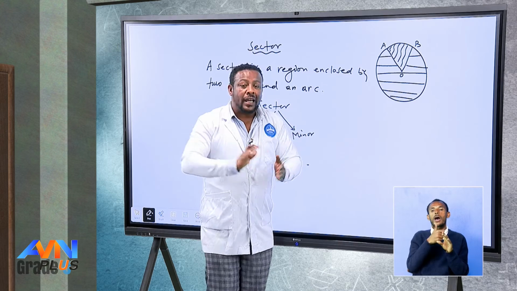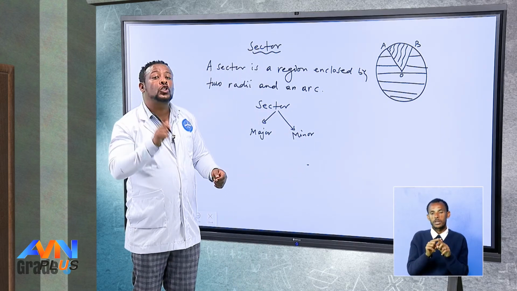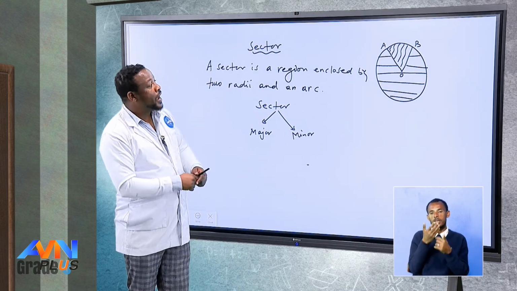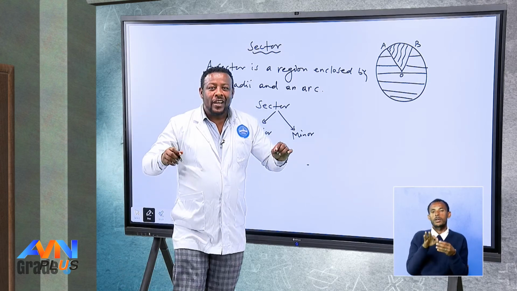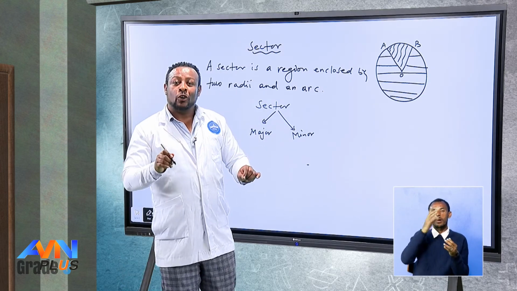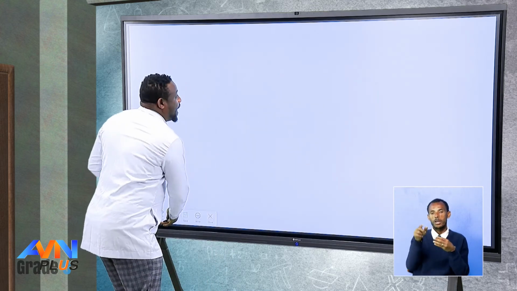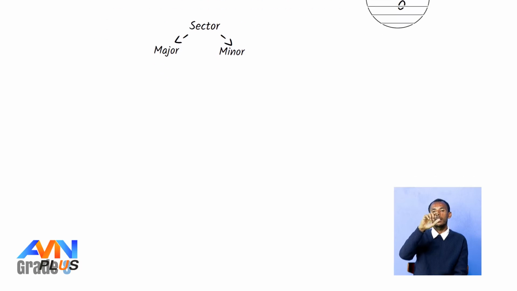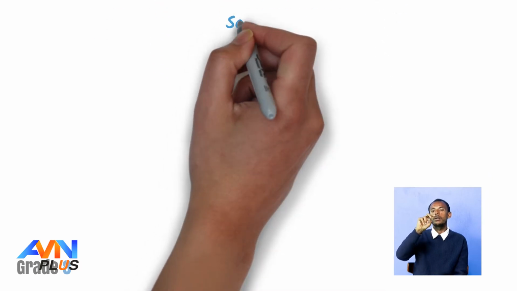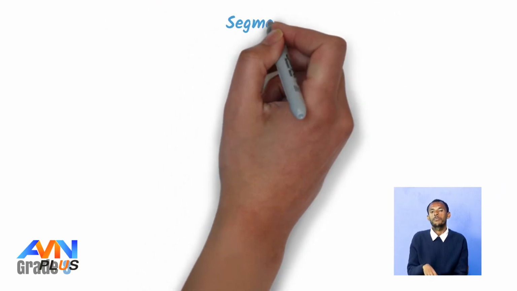So this is another terminology that you need to know in the discussion of a circle. Now we are left with one more terminology for today, which is about segment. Segment of a circle.